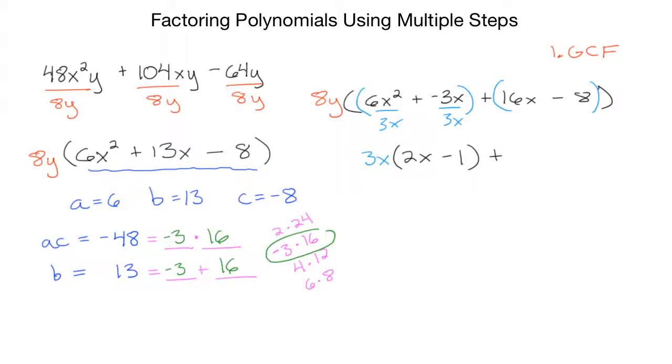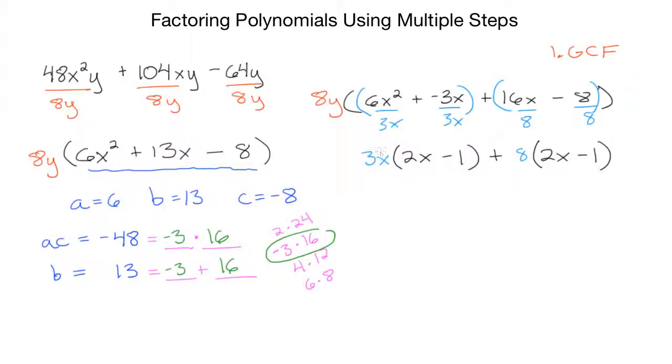Plus, now what's in common with this other one here? Between 16x and 8, I'm going to pull out an 8 from each one of those. The 8 goes in the front, and I am left with 16 divided by 8 is 2, there's still the x, and 8 divided by 8 is 1.